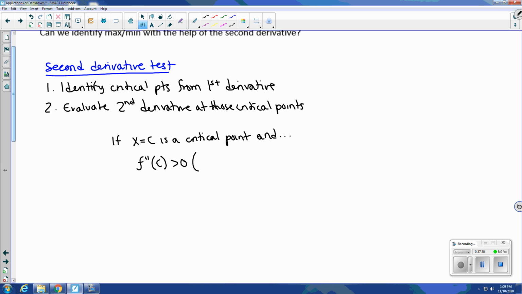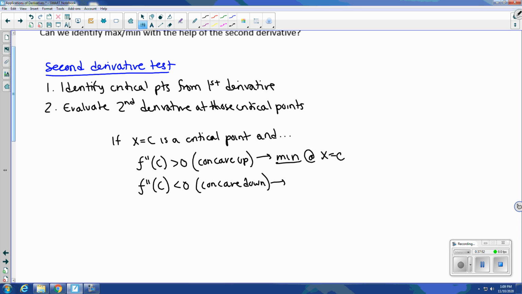Again, a reminder, that means you're concave up, which means you have a minimum at that point C. If the second derivative is negative at that point, you are concave down, which would imply you have a maximum.